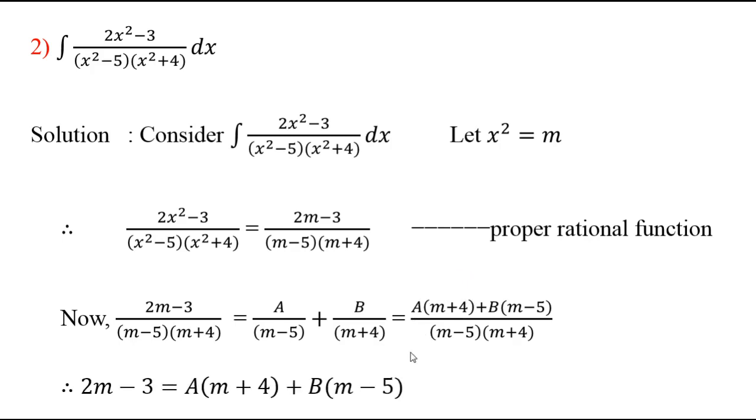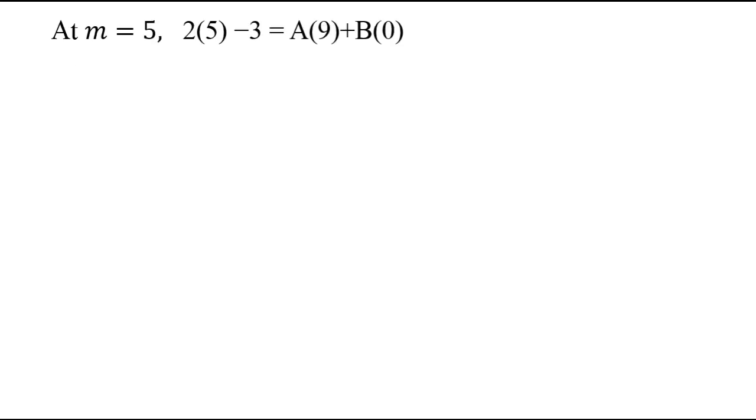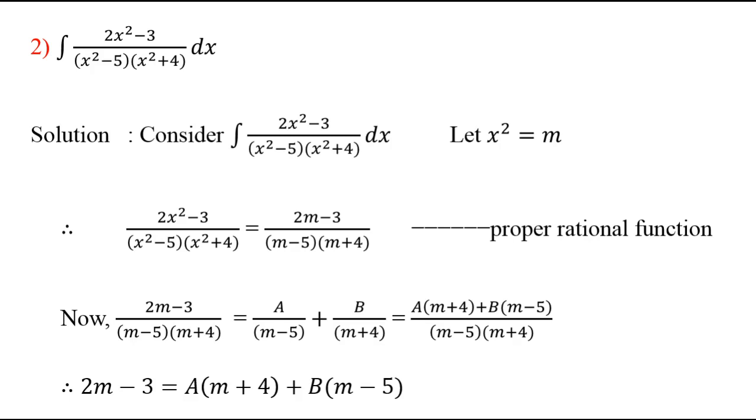We equate this numerator 2m minus 3 with the numerator a into m plus 4 plus b into m minus 5, and then in this last equation, to find the value of a, I will make this m minus 5 zero, and for that I will put m is equal to 5.